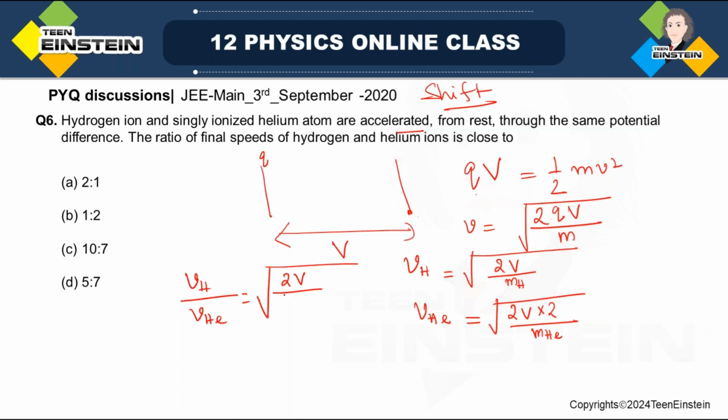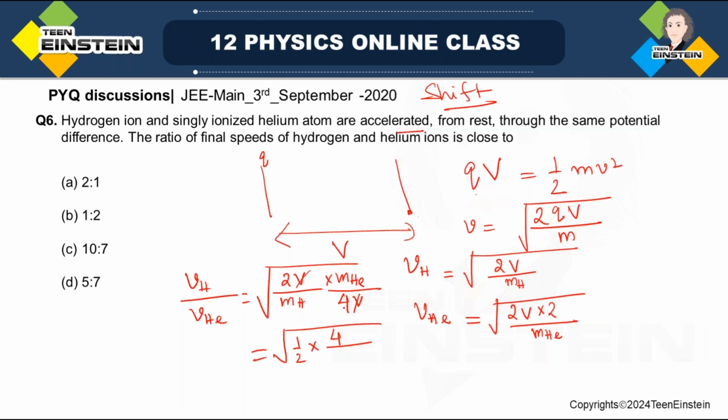Two V by mH, and here it will be mHe divided by 4V. So this V goes up. Now you have here half into this mH, which is 4 times, right?